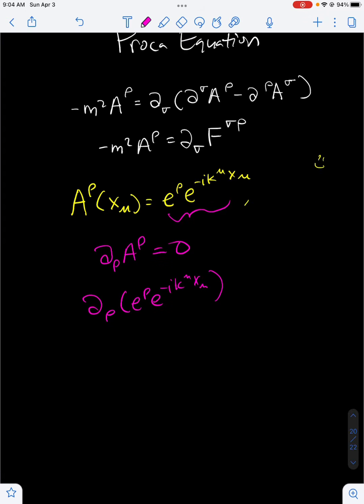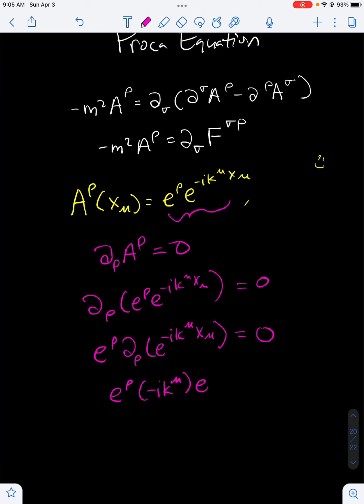So plugging that solution in, we get e rho partial of e to the minus I k mu x mu. This equals 0, which means that e rho minus I k mu e to the minus I k mu x mu equals 0.